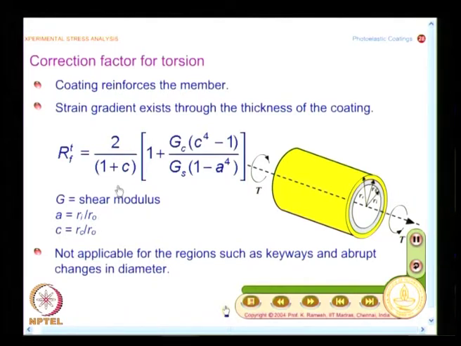The expression is a lot simpler here. I have 2 by 1 plus C into 1 plus G C into C power 4 minus 1 divided by G S into 1 minus A power 4.